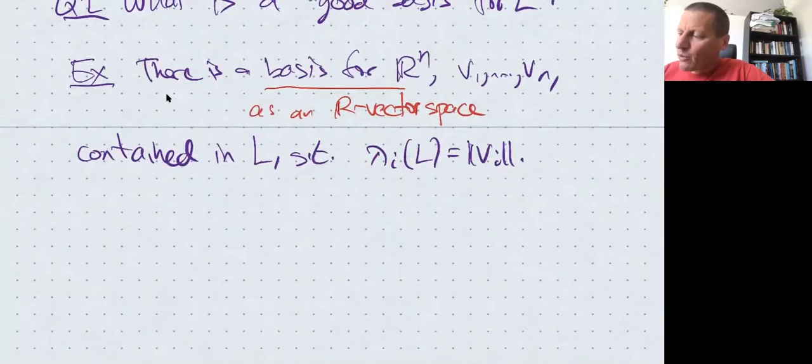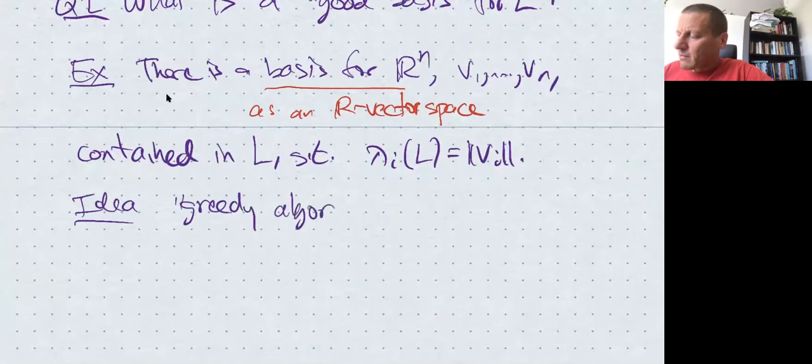And the proof, well, you're going to prove it yourself, but the idea of the proof is some kind of greedy algorithm. Take the shortest vector.